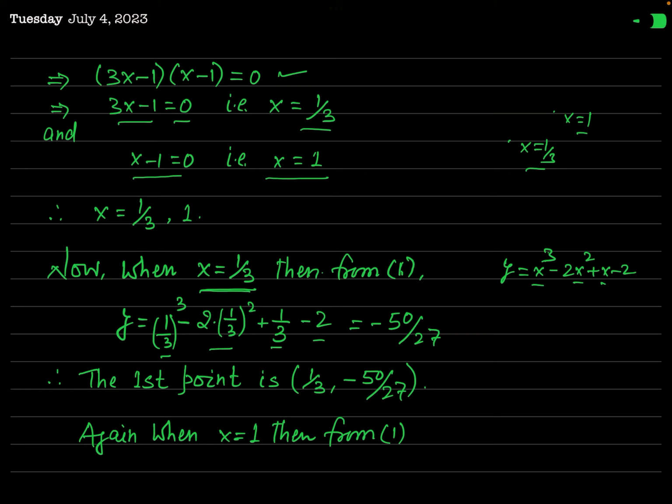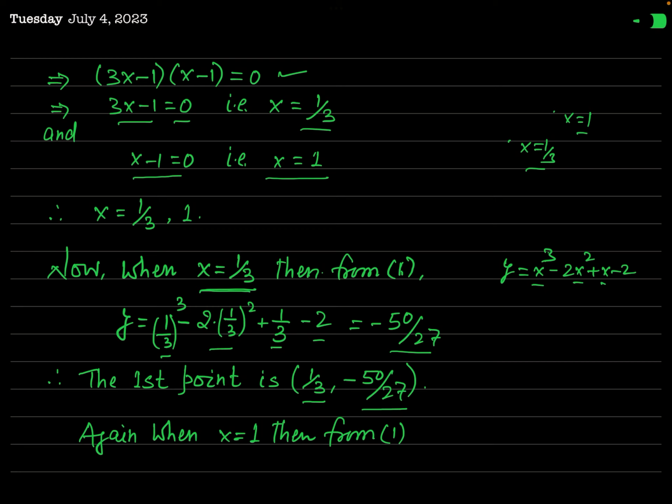And after simplification you will get minus 50 by 27. So the first point where the slope will be 0 is: for that point the x coordinate is 1 by 3 and the y coordinate is minus 50 by 27.